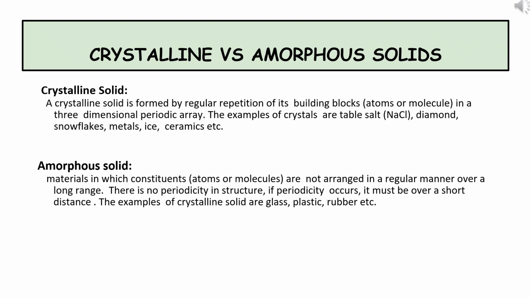Now, amorphous solids are materials in which the constituents, atoms or molecules, are not arranged in a regular manner over a long range. If periodicity occurs, it must be over a short distance. Examples of amorphous solids are glass, rubber, plastic, etc.